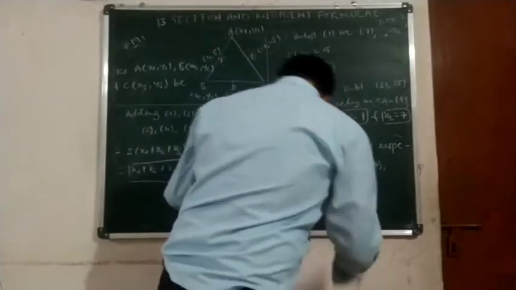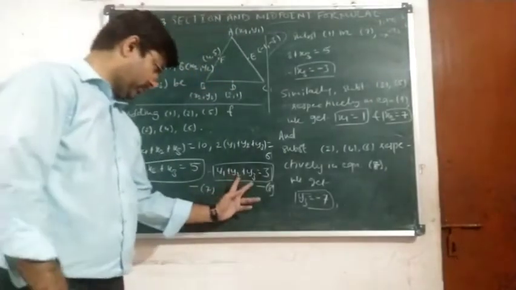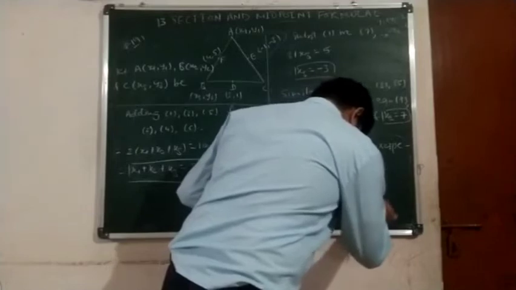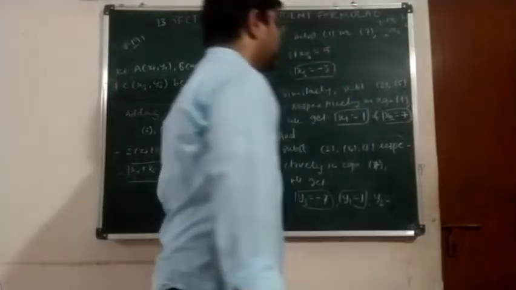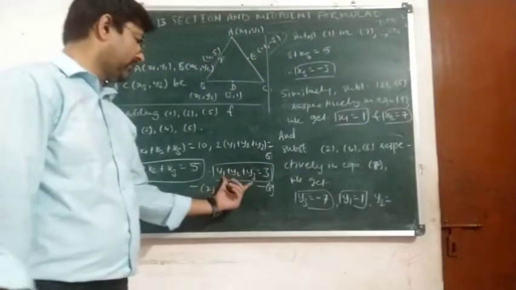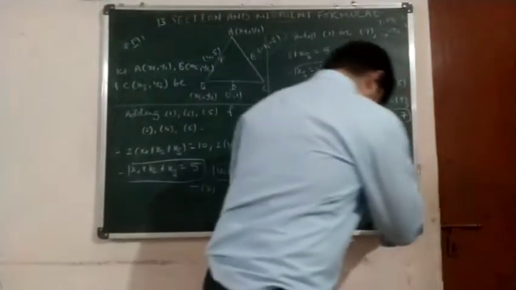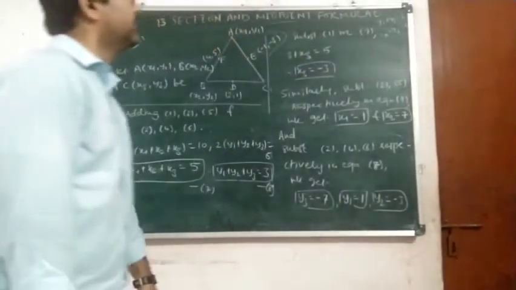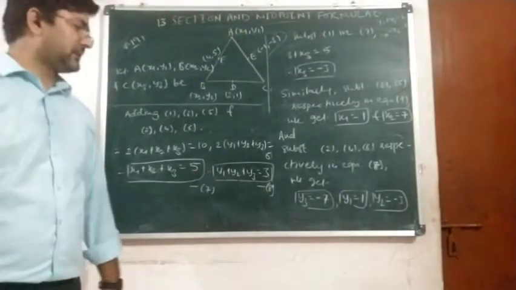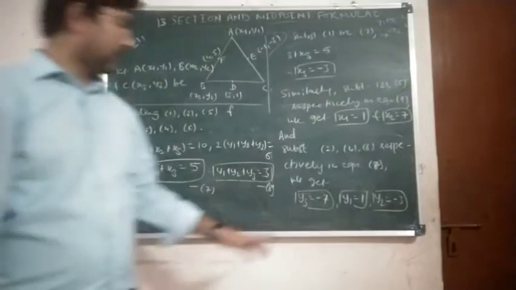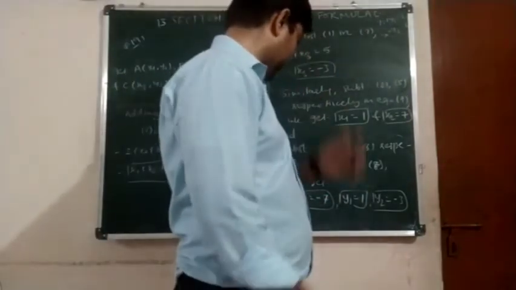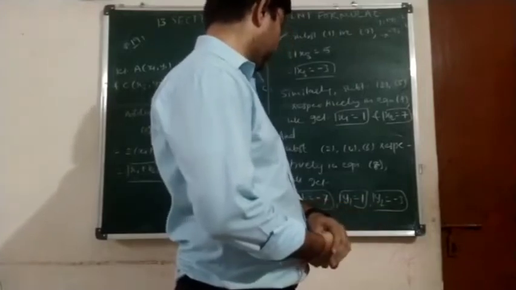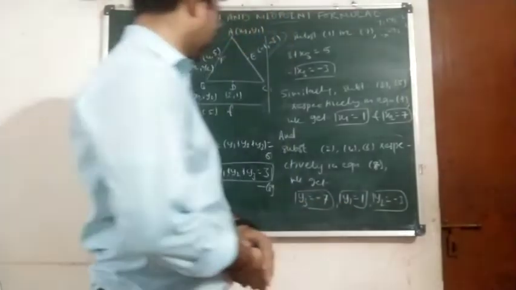So y1 will be 1, and y2, substituting 6 for y1 plus y3, we will get y2 to be minus 3. Yes or no? So 3 minus 6 will be minus 3. Okay, now let us add the three values. Minus 7, minus 3, minus 10 plus 1. Okay, there is some mistake.